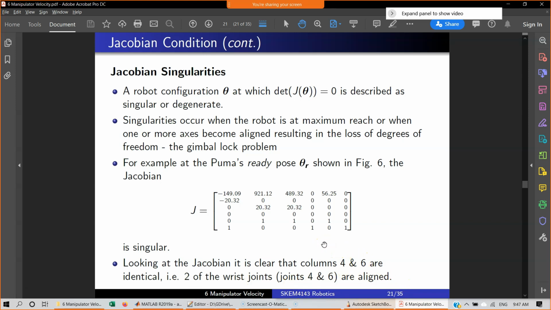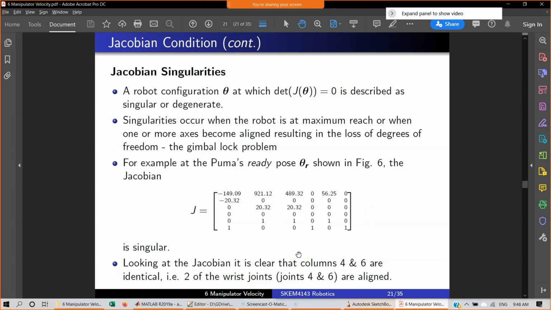One way of looking at this is that joint 4 and joint 6 produce the same spatial velocity. What that means is that there is a spatial velocity vector that we cannot produce from this configuration.